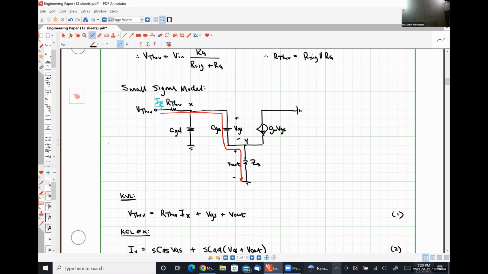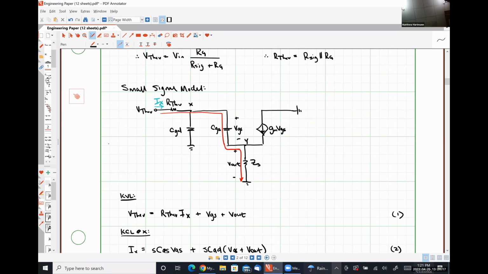The Miller method, which would split this capacitor into a portion that's tied only to node X and another portion that's tied only to node Y. And the transfer function between X and Y is just our mid-band gain, GM RS over 1 plus GM RS.